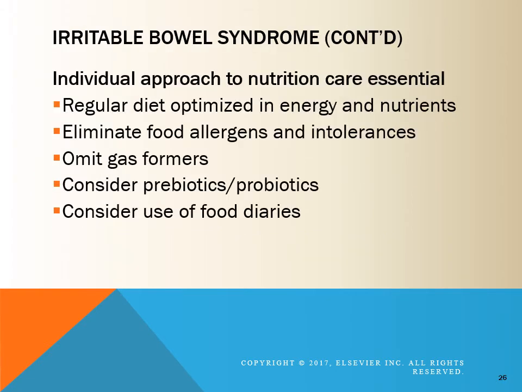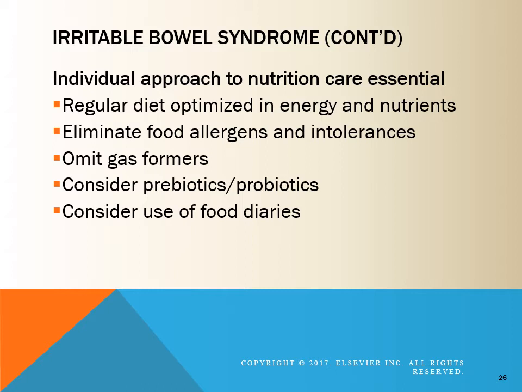More on IBS here. An individual approach to nutrition care is essential. Remember, we always want to treat our patients as individuals. A regular diet optimized in energy and nutrients. Eliminate food allergens and intolerances. So you guys all turned in your nutrition project today or previously. This is where we could have them food journal things that seem to be a problem for them.